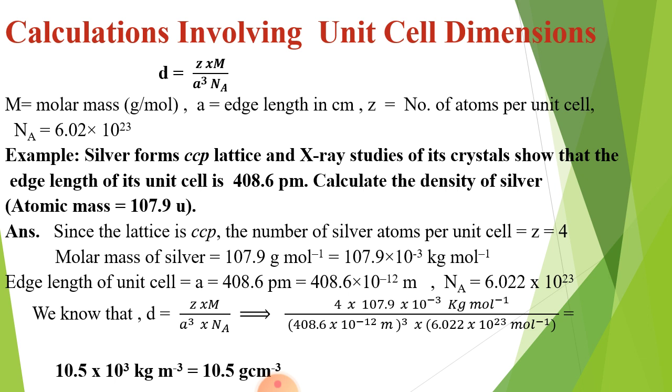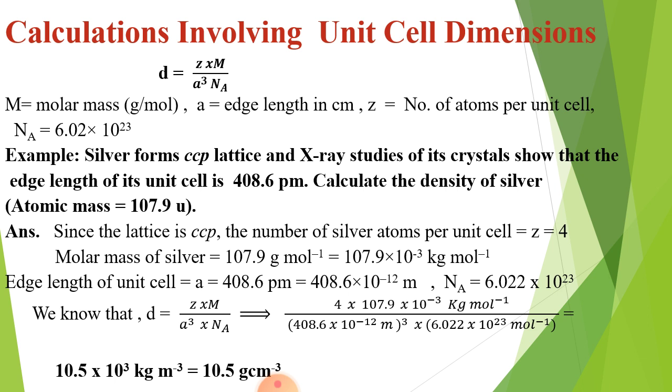Now one example related to this formula. Out of 4 unknowns, 1 is missing and 3 are given. Sometimes density may be asked, sometimes Z, or molar mass, or a, or Na. So this type of question may arise from this formula.